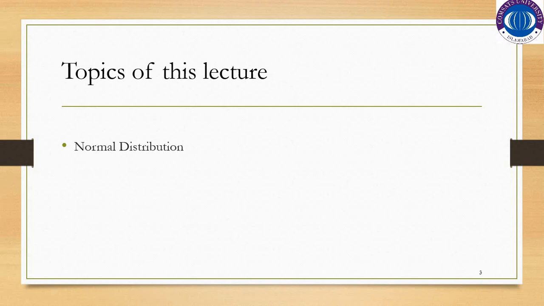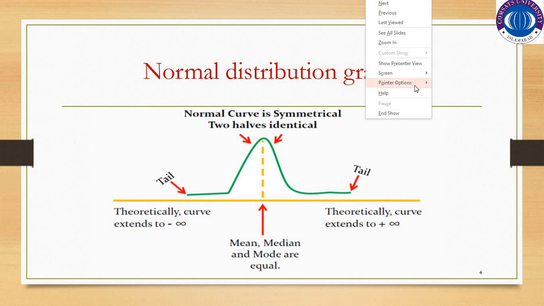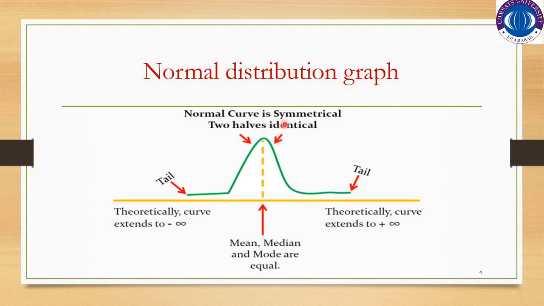We will continue with the topic of normal distribution. As normal is a continuous distribution, the graph of the distribution is bell-shaped, as we have discussed. So the normal curve is symmetrical, two halves identical. This is the center of the curve, so this part is identical to this part, that is, 50% area is here and 50% area is here.